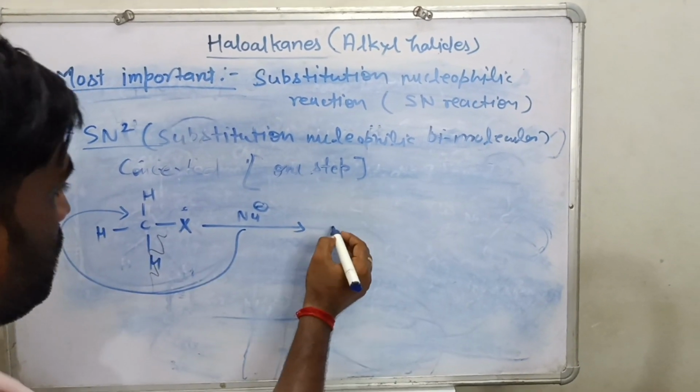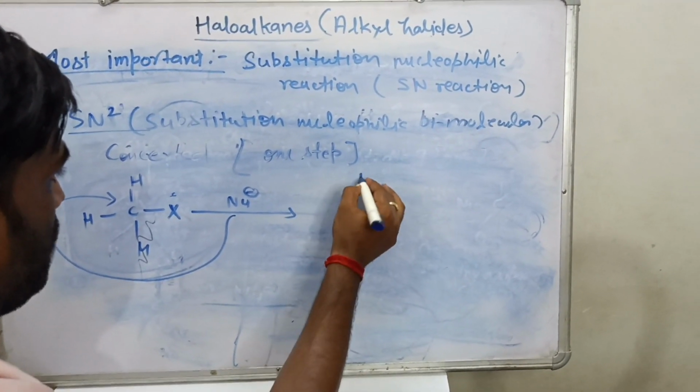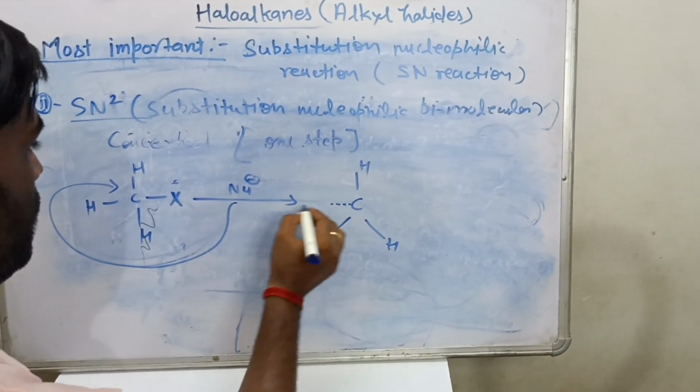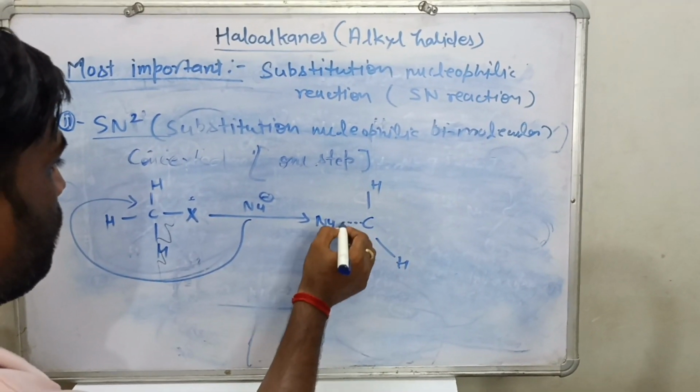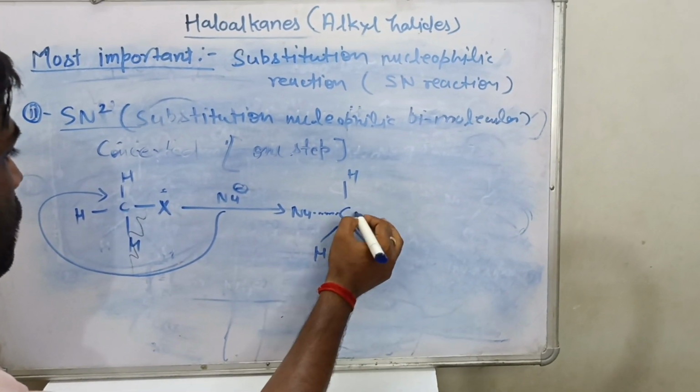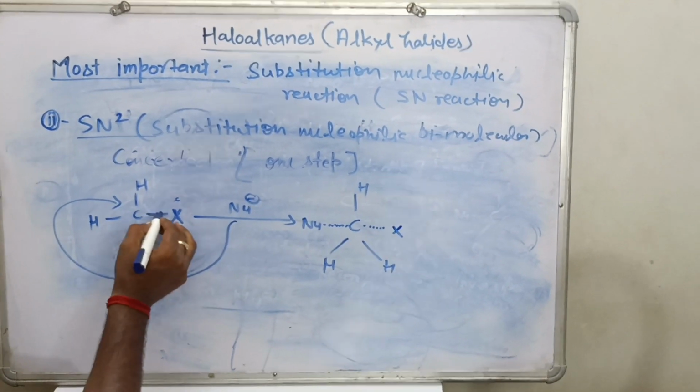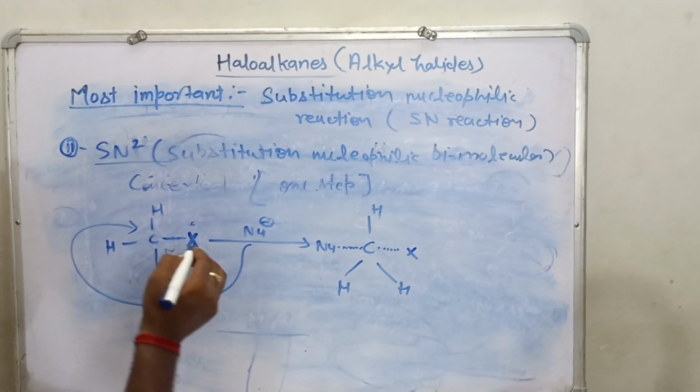In this step, a transition state is formed in which back side attack of the nucleophile leads to the slight formation of a bond with the carbon atom, and on the front side the removal of the halogen atom takes place.